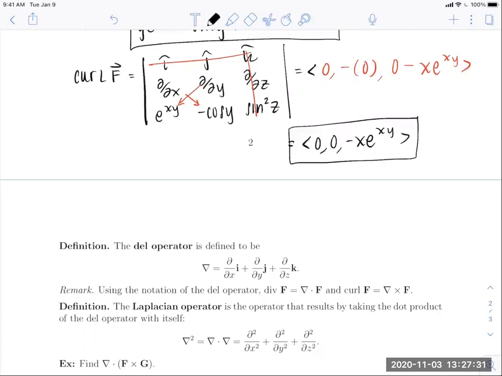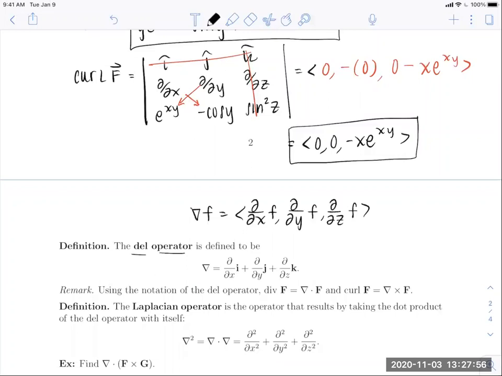And so we're used to this operation because we're used to thinking about the gradient, right? We talk about the gradient being the partial with respect to x of our f function and so on and so forth in each coordinate. So this isn't so much new notation, it's just that we've never used the term del operator.